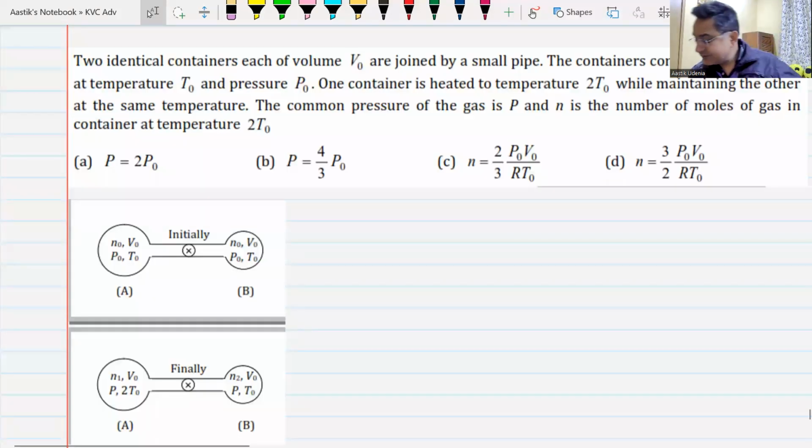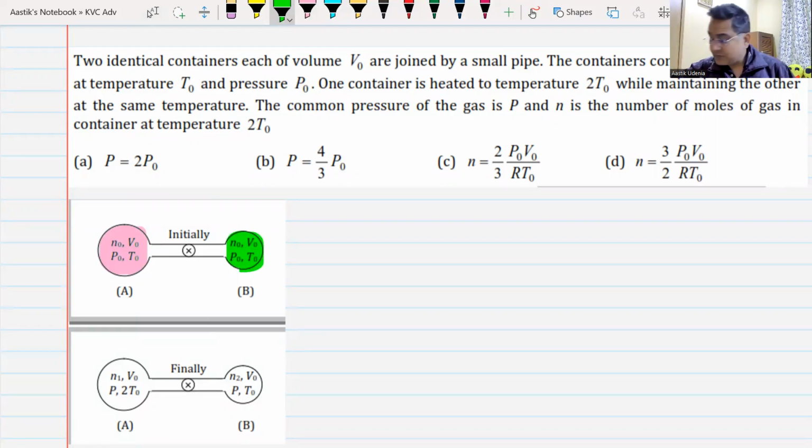This is the initial condition. The pink gas has number of moles N naught, V naught, T naught, and the green gas also has the same number of moles N naught, V naught, T naught, and the valve is closed.